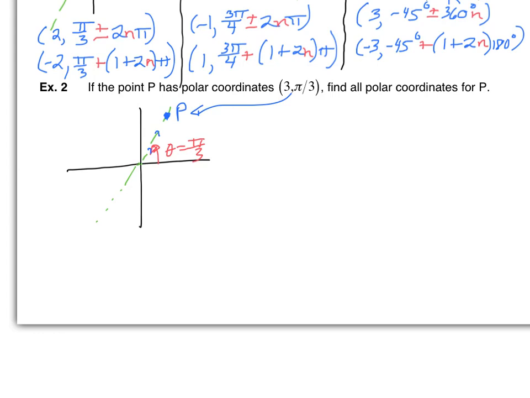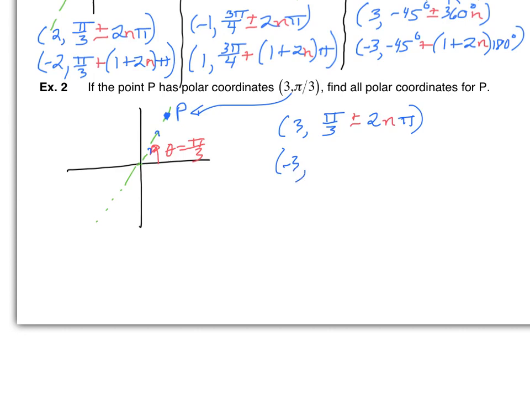But they want to know all the possible coordinates. So we start off with our original (3, pi over 3). Well, then what do I do? Plus or minus what? 2n pi. So that gives us half of our possibilities. Then what do we do? Negative 3. Change the sign of your r.